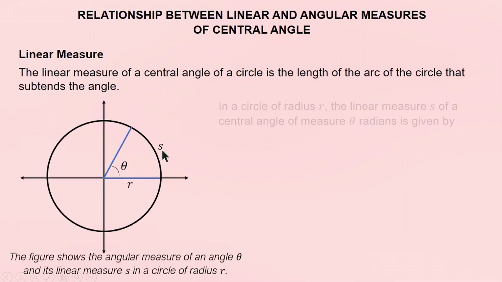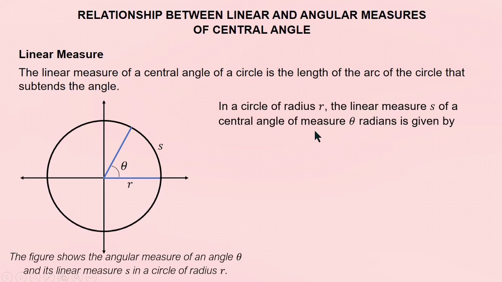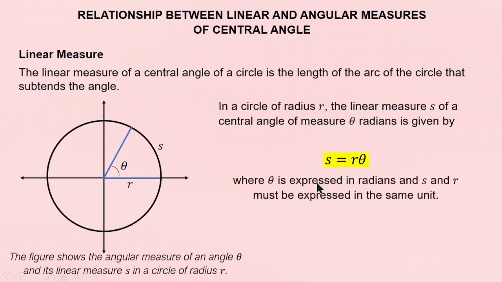On a circle of radius r, a central angle theta intercepts an arc whose length s is given by s is equal to r times theta, where theta is expressed in radians and s and r must be expressed in the same unit. So if we're looking for the linear measure or the arc length, we're looking for the value of s. And if we're looking for the angular measure or central angle, we're looking for the value of theta.